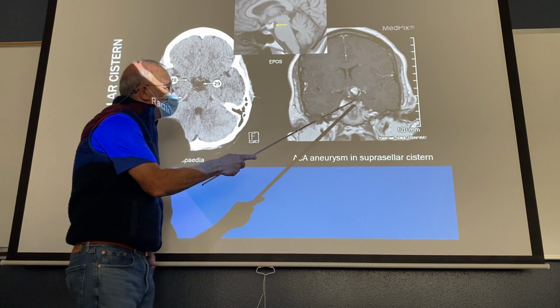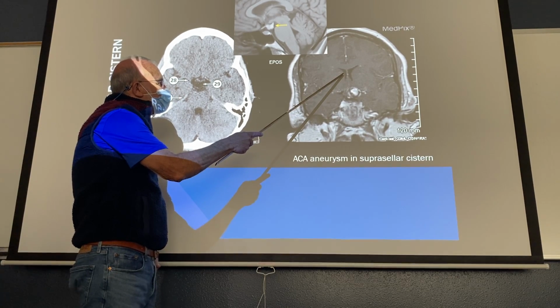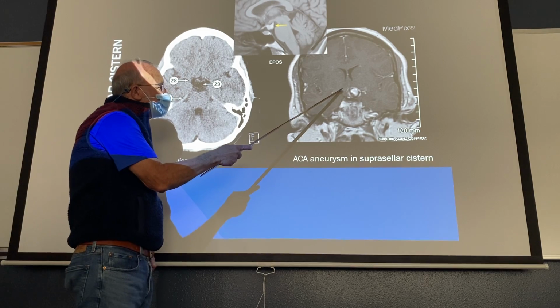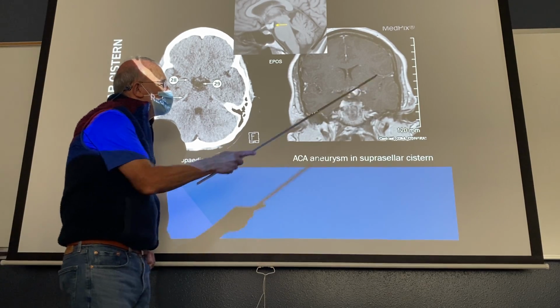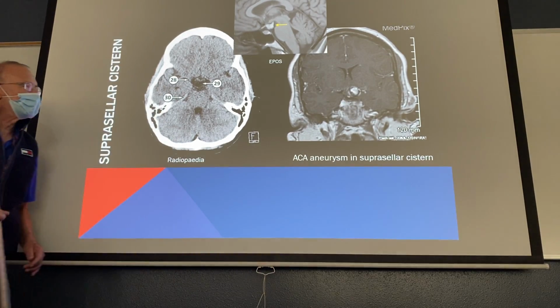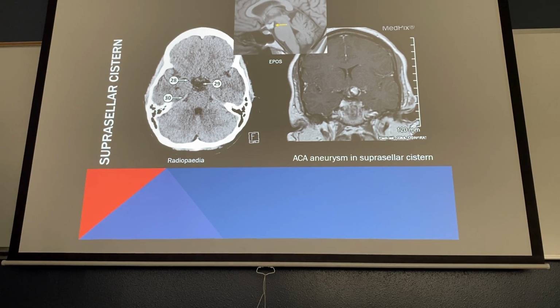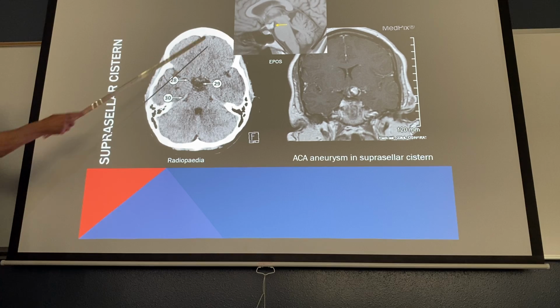Here, from a coronal perspective, we have our two horns of the lateral ventricles. Here, somewhat asymmetrical, is once again the region of the suprasellar cistern. Because of the location of the arterial circle, this becomes a key area to examine in advanced imaging.